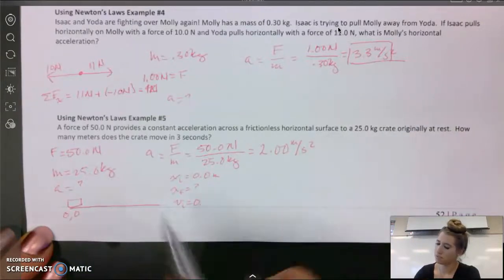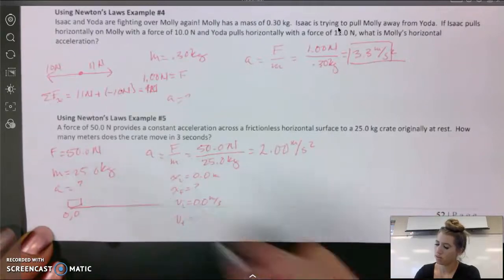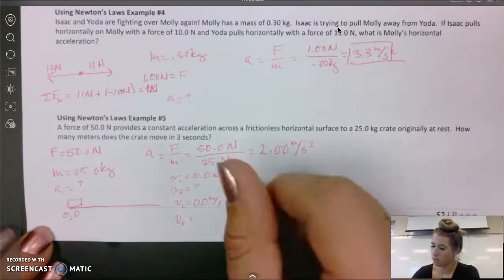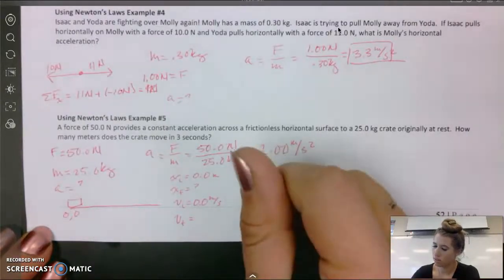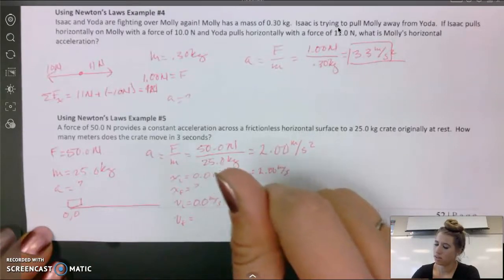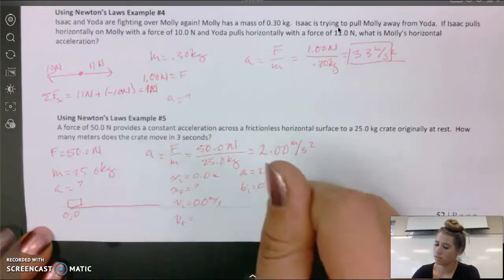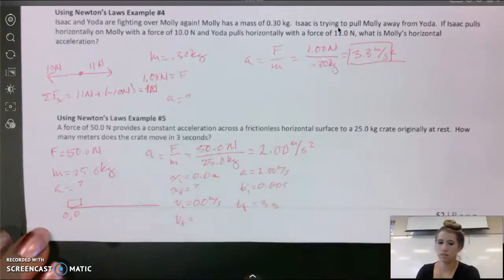Originally at rest. Velocity final, we don't know what that is. We do know what the acceleration is, which is 2 meters per second squared. Time initial is 0. Time final is 3 seconds.